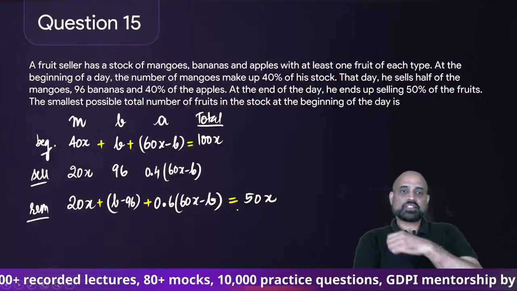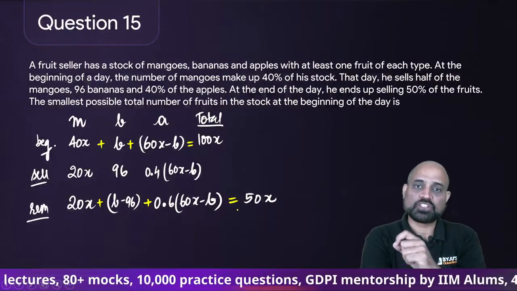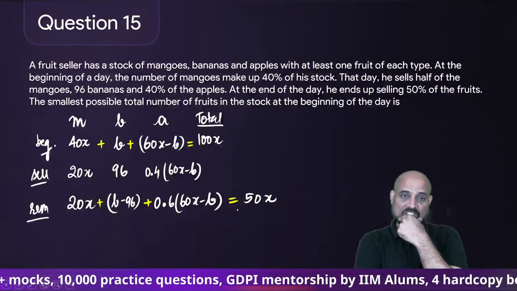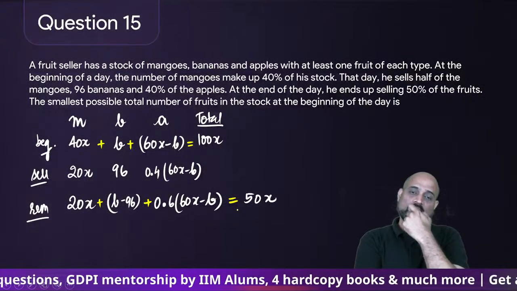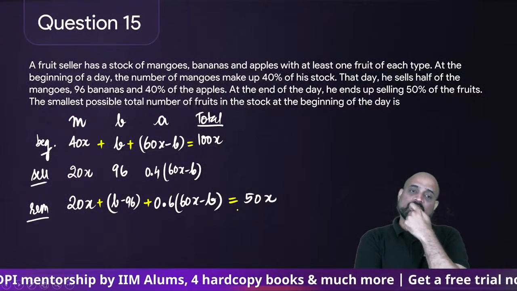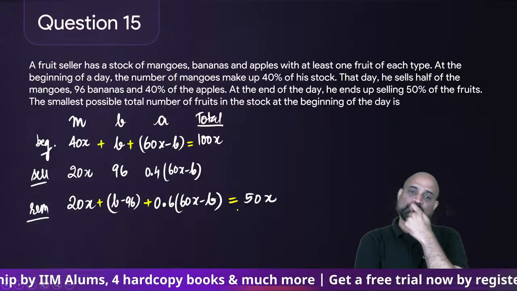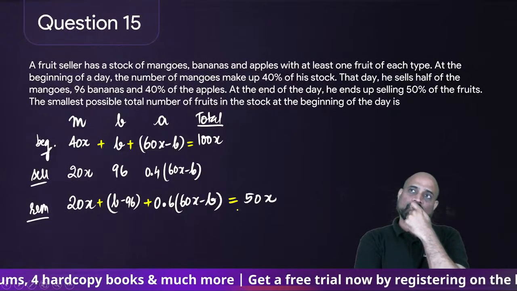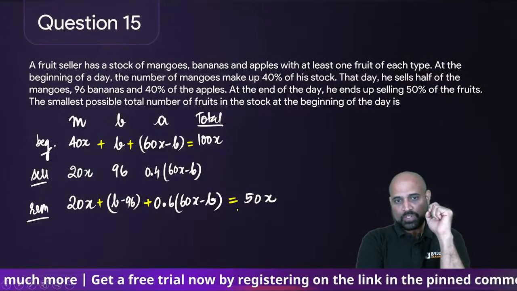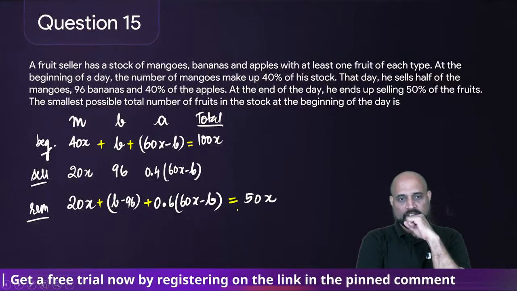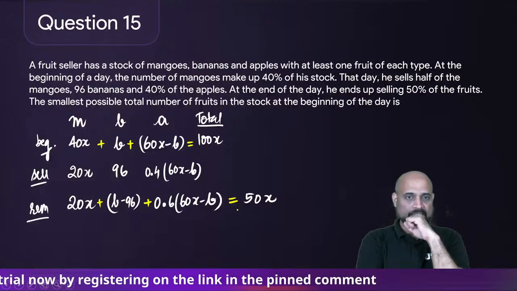Now the question asked is the smallest possible number of fruits in the stock at the beginning of the day. So we are asked to find out the smallest value of x. Now the thing is, x की value निकालनी है, but we have another variable b and we have only one equation to take care of, right?